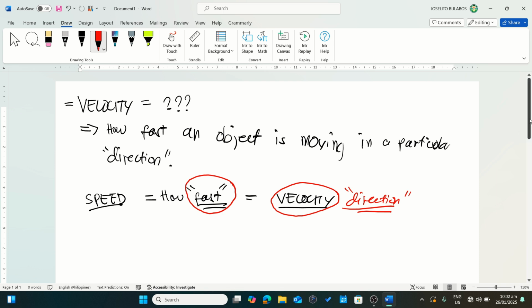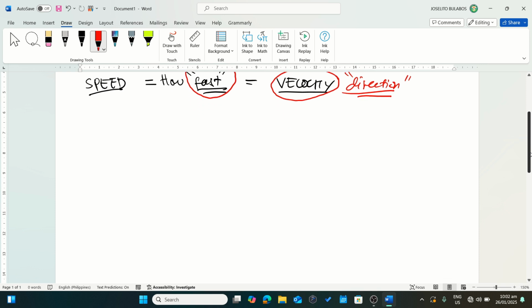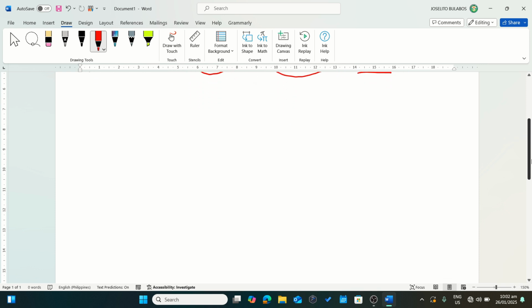Now, to illustrate further the difference between these two, let's say we have here an illustration to better understand what speed and velocity are, the difference between the two, and how to really measure velocity.